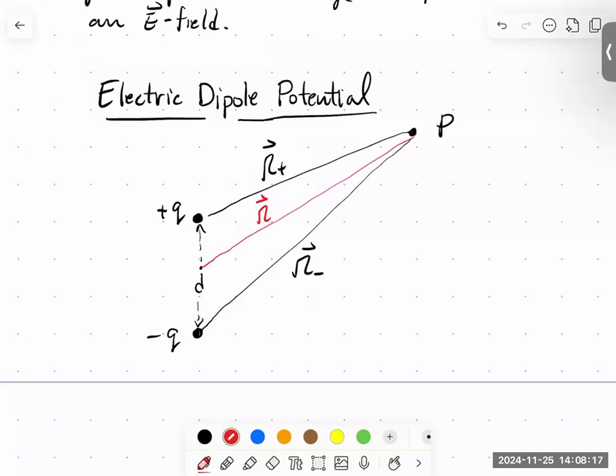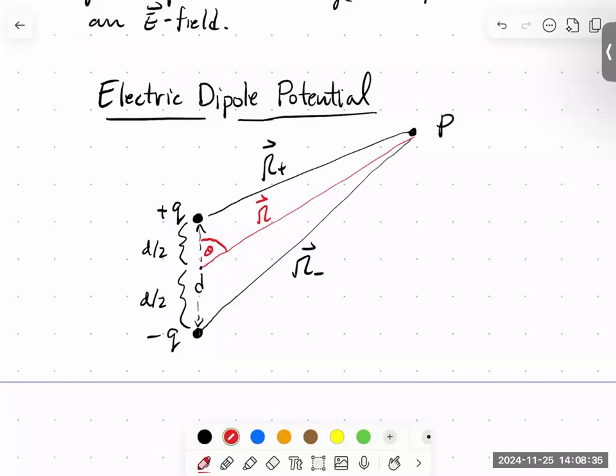The distance here is D by 2, and this is D by 2. And the angle between vertical and script R is going to be theta.